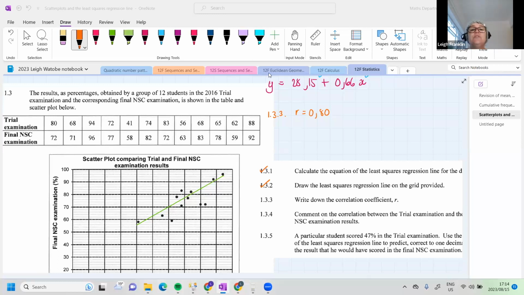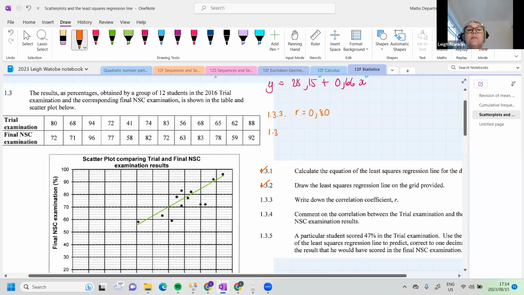Okay, so the closer it is to 1, the better the relationship between x and y. Okay, so this would just be a strong positive correlation. It is not a very strong positive correlation. Okay, so now it says comment on the correlation between the trials exams and the NSC exams. That's what some of you were telling us.